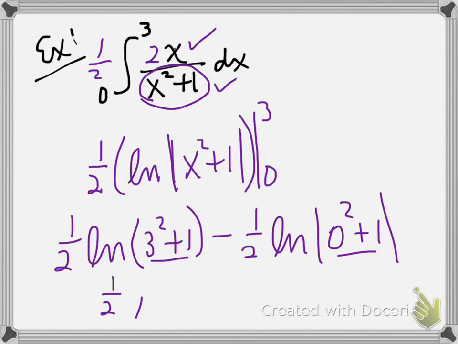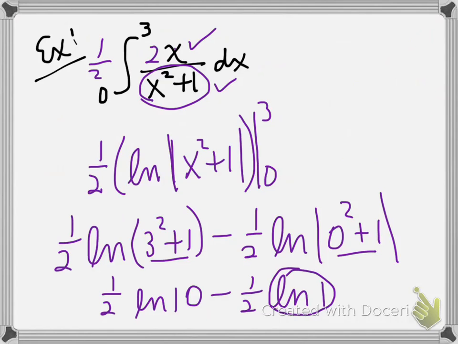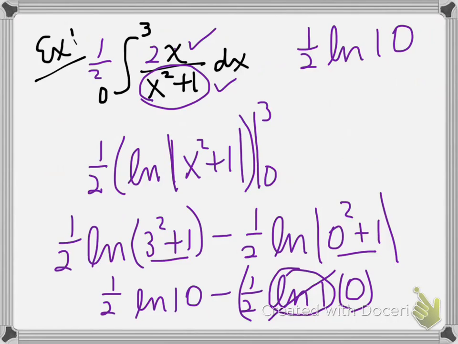So this gives me 1/2 ln 10 minus 1/2 ln 1. Now, one of the things you may or may not remember is the natural log of 1 equals 0. So this is 1/2 ln 10 minus 0 times all this is just going to be 0. So that second part totally disappears.